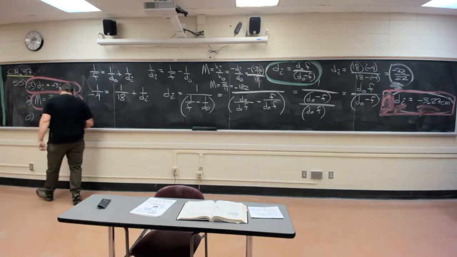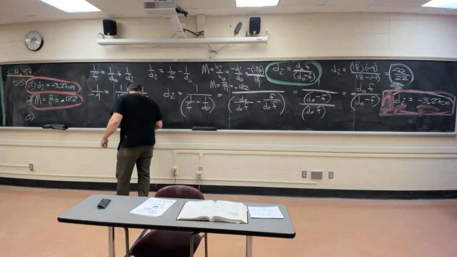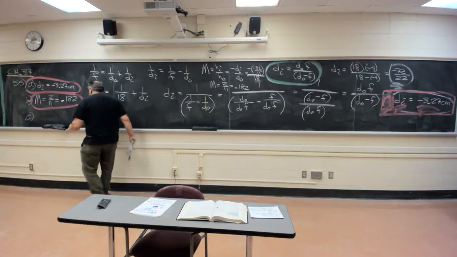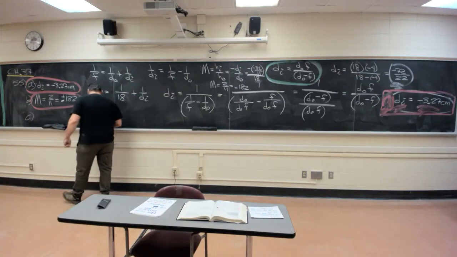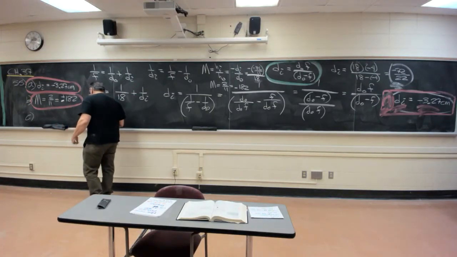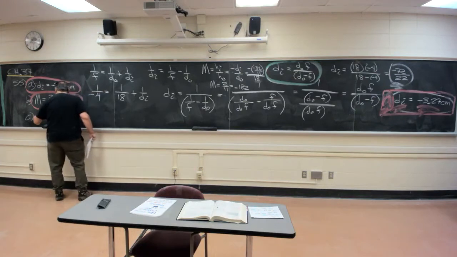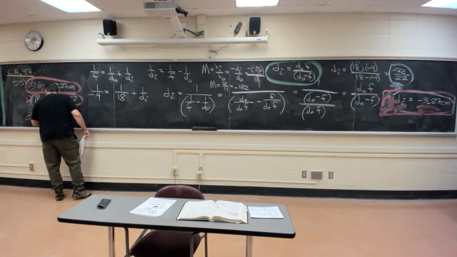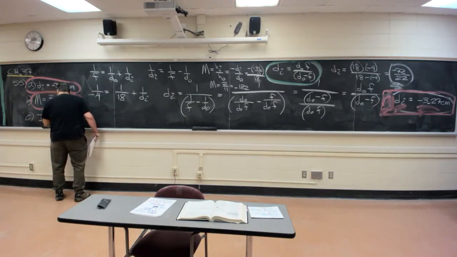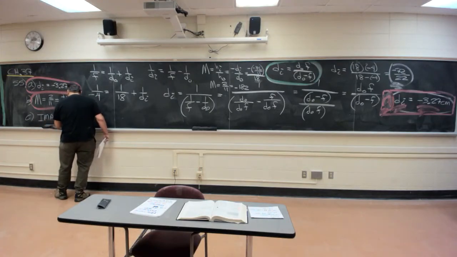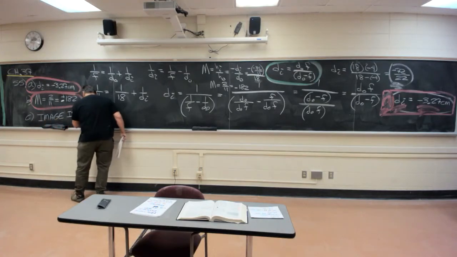C, M is plus. It's a positive magnification, guys. The image is upright. It's a virtual image, but it's an upright image.